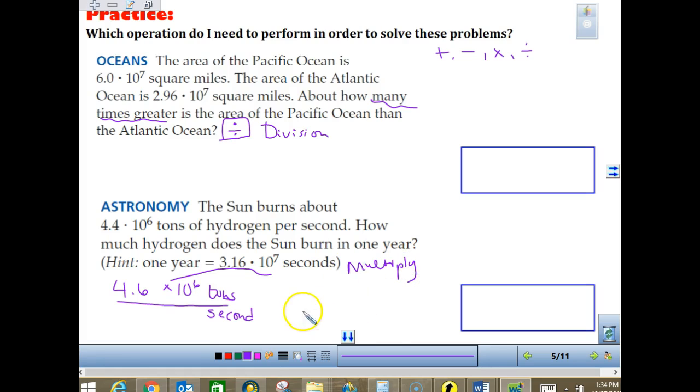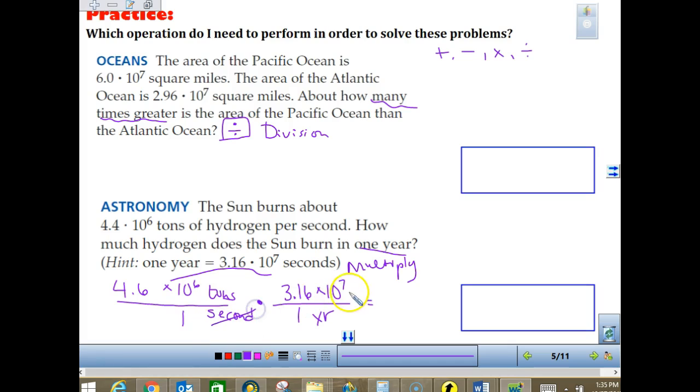Here's what you would be multiplying. You would take this, because this is 4.6 times 10 to the 6th over 1 second, and you are looking at 1 year. Remember, the label says how much in a year. You now have the word year in your denominator, and 1 year was worth 3.16 times 10 to the 7th.